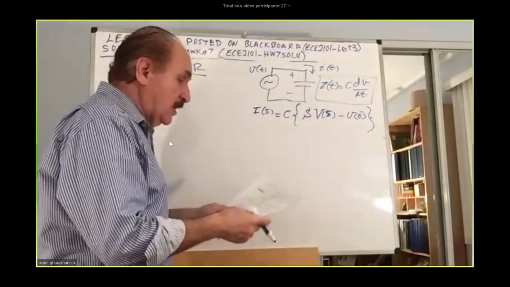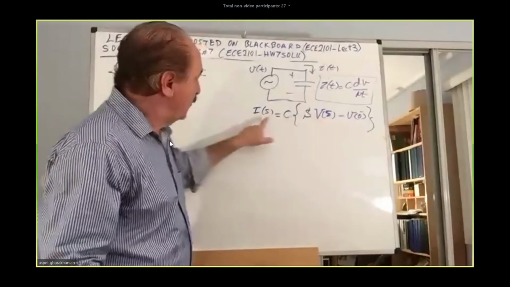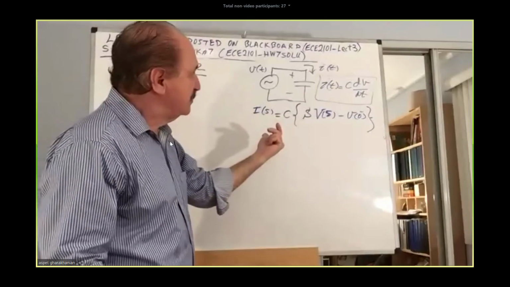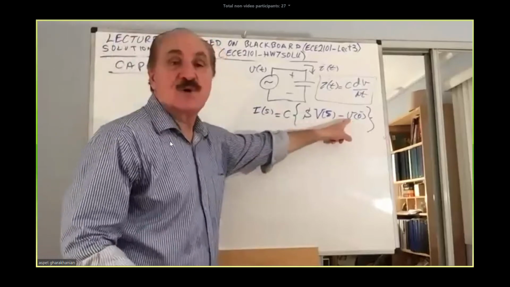Now, capacitor impedance. The V of s over I of s ratio can be created as a function at this point if your initial condition was 0.